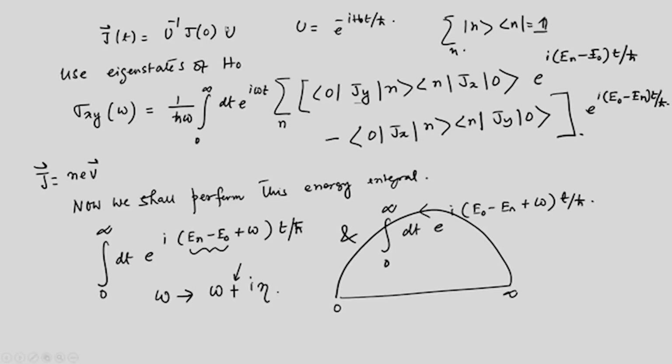Okay. So, once you do that, then the sigma xy takes a form which is equal to minus i over omega, after you do the integral over time from 0 to infinity by using the complex integral. Now, just to remind you, initially you had only the real line from 0 to infinity.